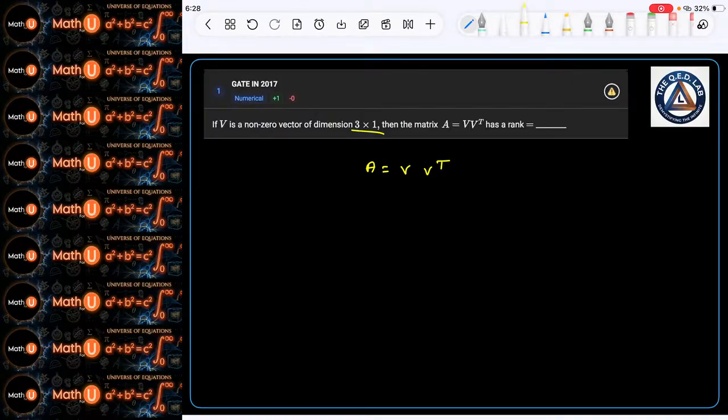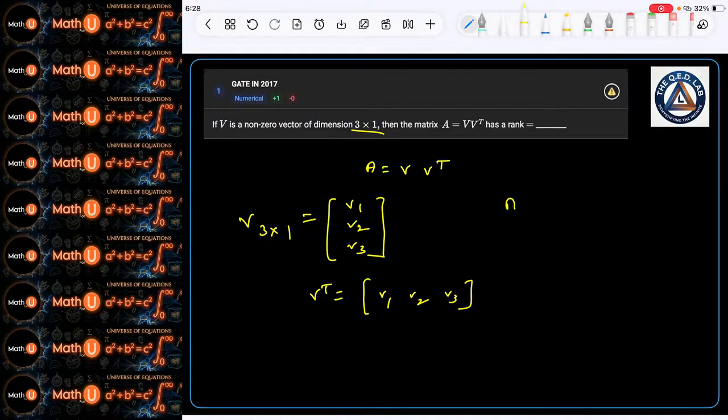The order of V is given as 3 by 1. For example, I will consider V as 3 rows, 1 column: V1, V2, V3. Generally I can consider it like this. V transpose we get V1, V2, V3.